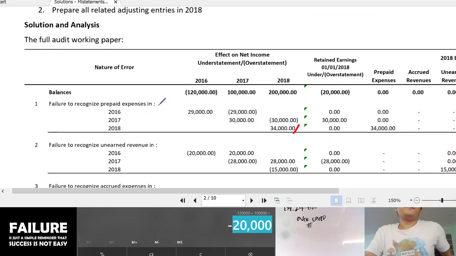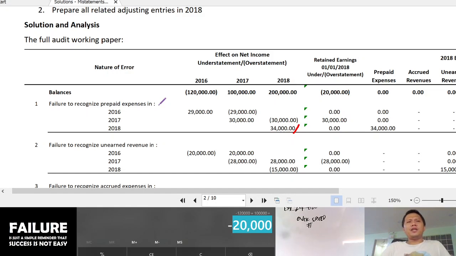Next, error. Failure to recognize unearned revenue. So again, the entity failed to recognize unearned revenue. So anong nangyari dyan? May natanggap kang pera. The problem is, yung pera na natanggap mo pertaining to a revenue is that hindi siya applicable for the current year.